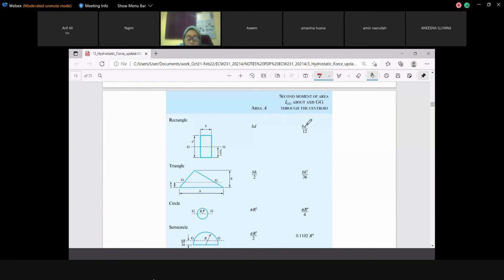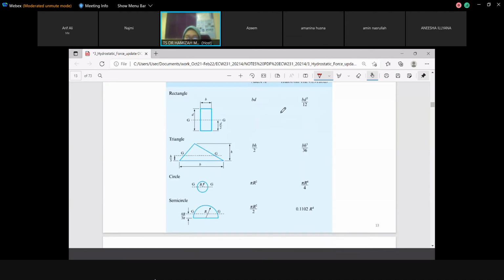Okay, for rectangle, we have B base times D, dia punya length, divided by 12, D cube. Okay, so we just need to follow this one. So untuk rectangle, it also can be used for square.